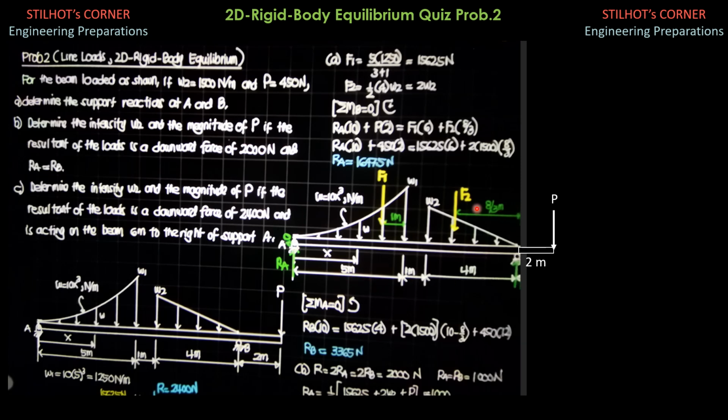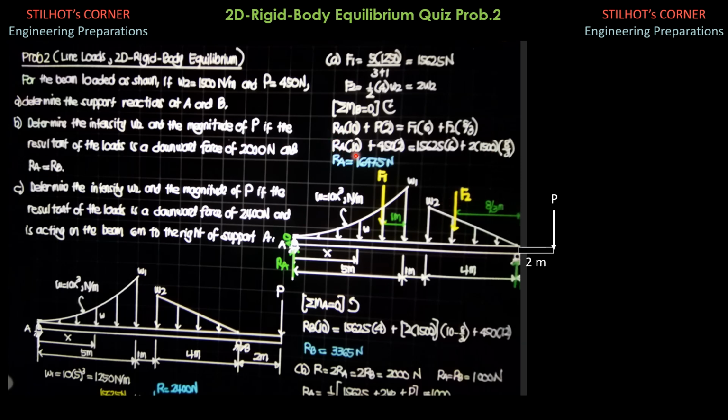So we again sum up moments about B equals 0, clockwise positive. So RA times 10, then plus P times 2 is equal to F1 times 1 plus 5, so 6, plus F2 times 8/3. Substituting the values of F1 and F2, and W2 is 1,500.